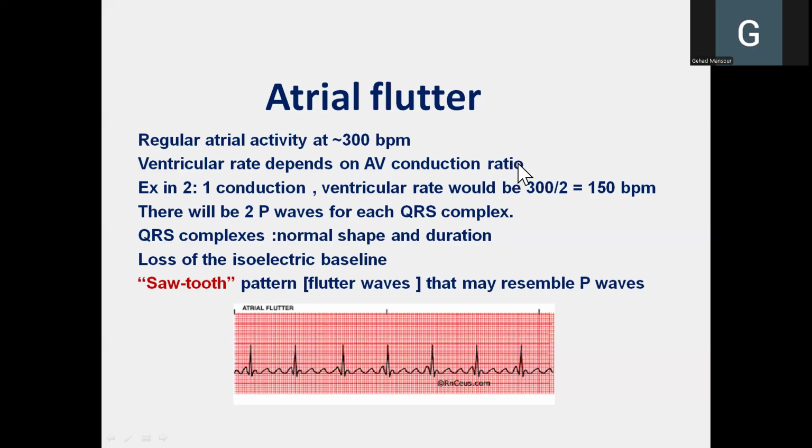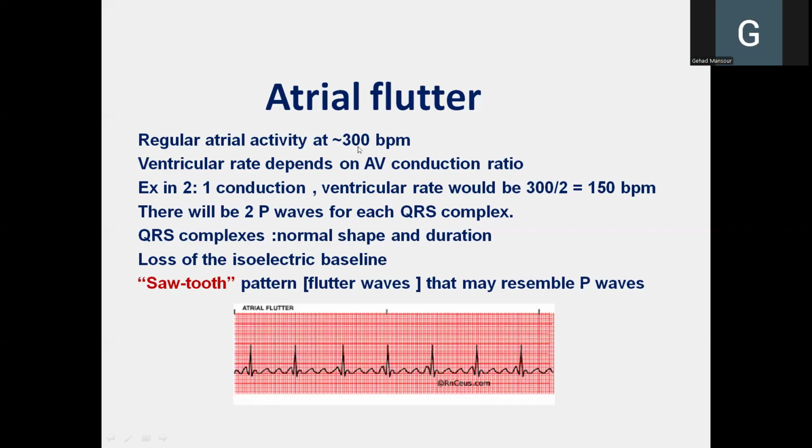By AV conduction ratio, we mean the ratio between the atrial rate, which is 300, and the ventricular rate, which might be, for example, 150. This ratio indicates that the AV conduction delay has halved the 300 into 150, causing a diminution of the number of waves per minute reaching the ventricles, from 300 beats per minute generated in the atria to 150 reaching the ventricles.